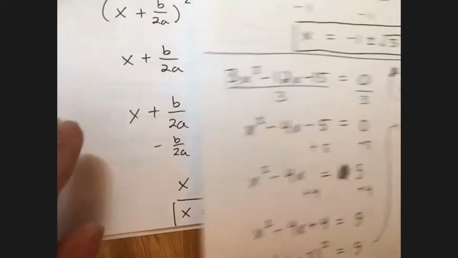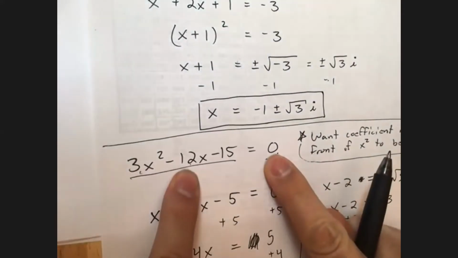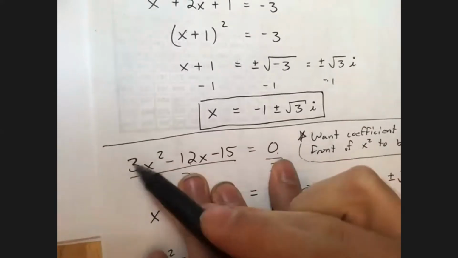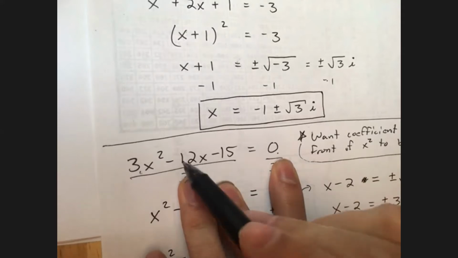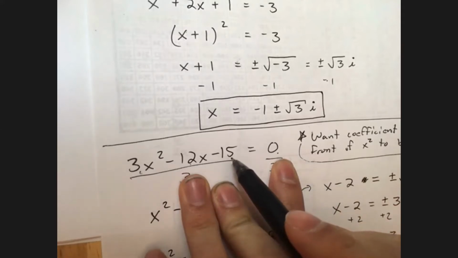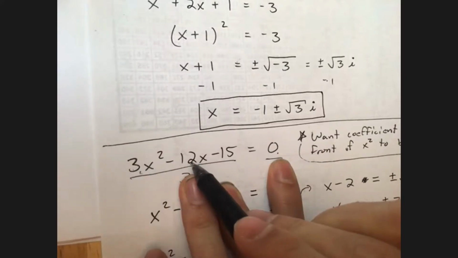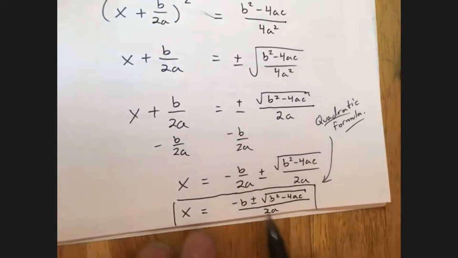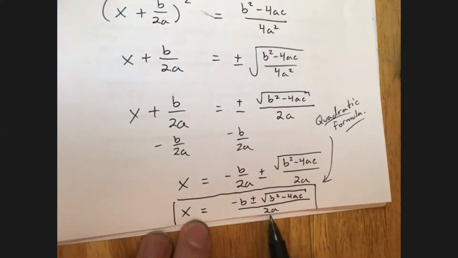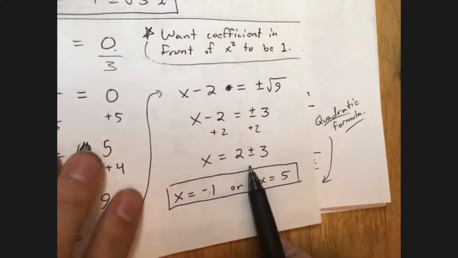But if you had a problem like this, well, look at this. I got ax squared plus bx, okay, the b is negative, but it still works, plus c equals 0. So a is 3, b is negative 12, and c is negative 15. If I just plug those numbers in for a, b, and c into here, I'll get the same answer that we got over here.